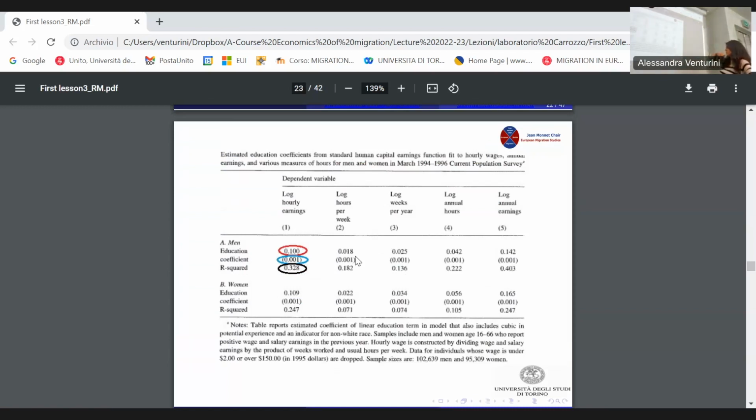And they also put in the footnote an important notice that what the economists consider outliers have been dropped. So the wages below $2 and more than $150 have been eliminated. Because sometimes we think it is a mistake or it is a special person, they're not part of the sample.